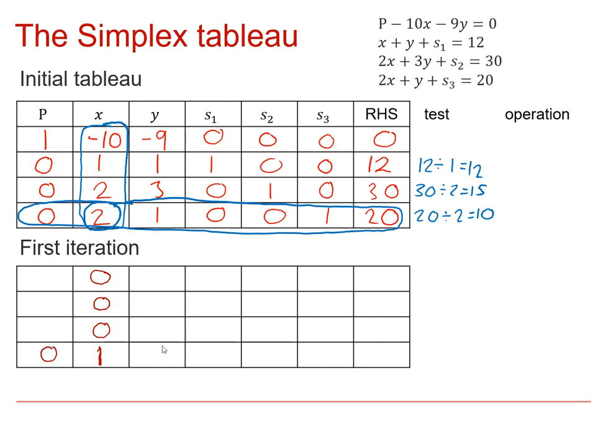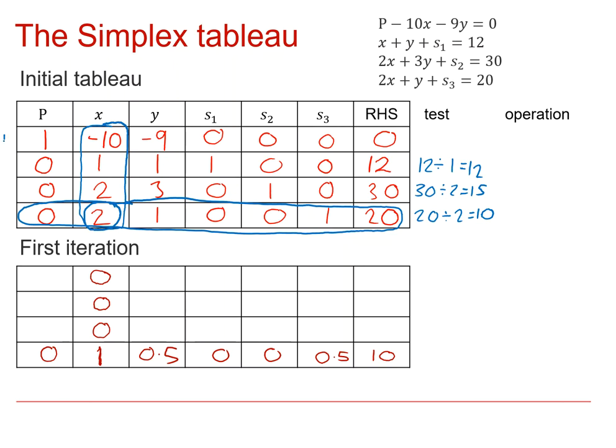Obviously 0 divided by 2 is a 0. That is a requirement. 2 divided by 2 is 1. So here I will have a value of 0.5. 0, 0, 0.5, and 10. Now what I need to do as well is record what the operation is that I've done here. In order to do that, I'm going to need to give some labels to the rows.